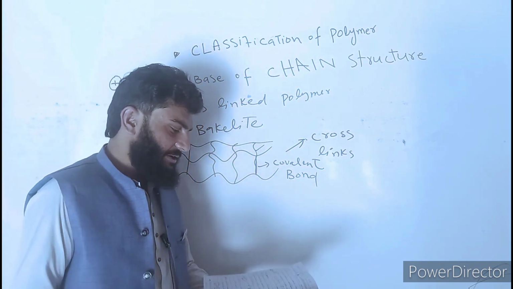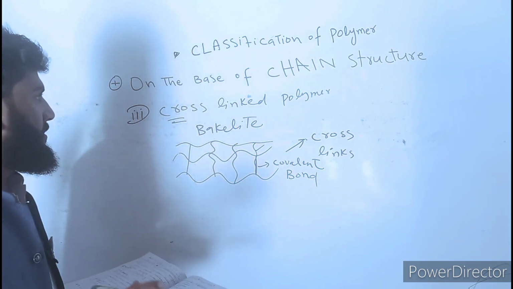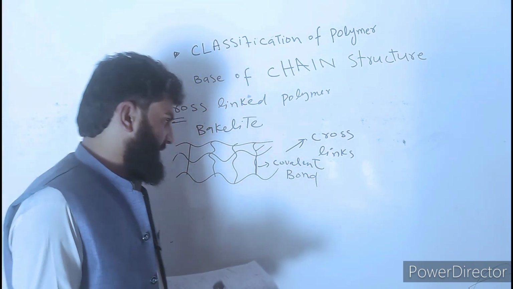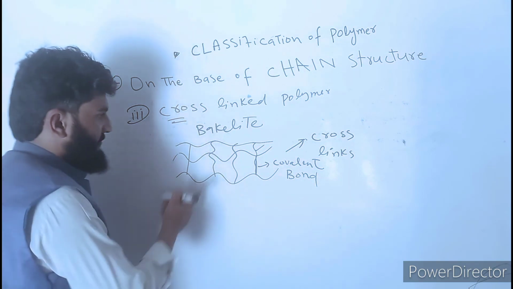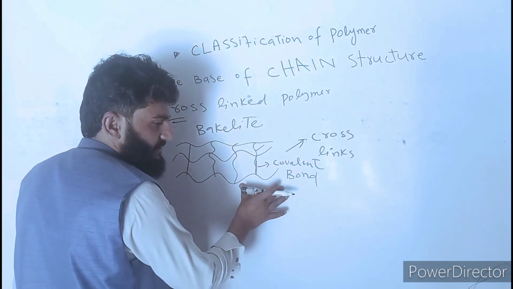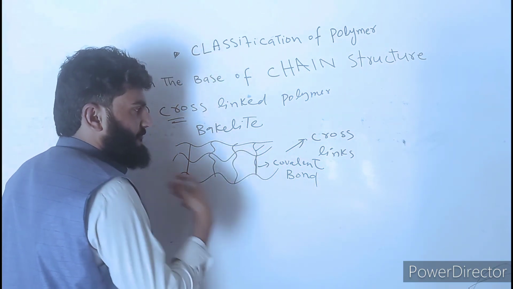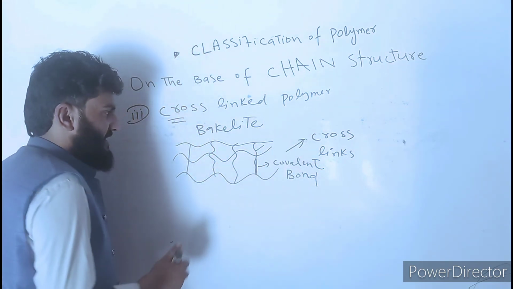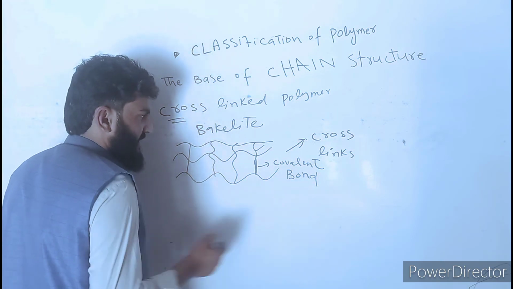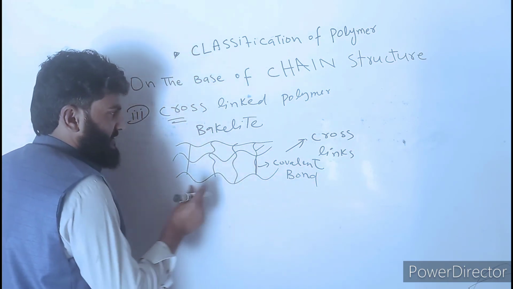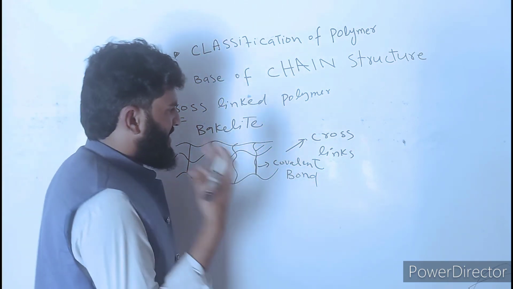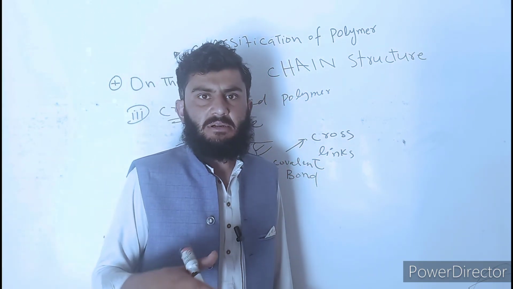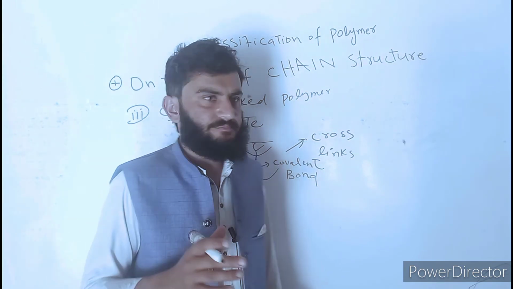They may be interpenetrating. For example, this is one type, that is a cross-linked polymer. If another chain is arranged, say here, interpenetrating, this is just like simple cross-link or penetrating only.